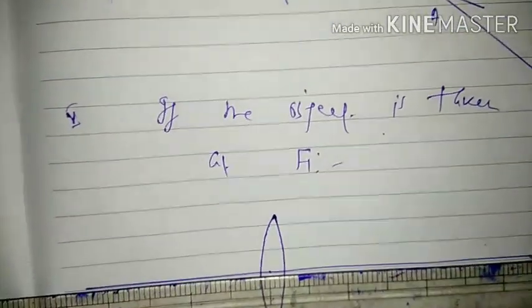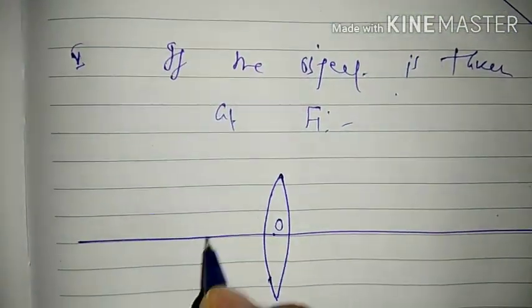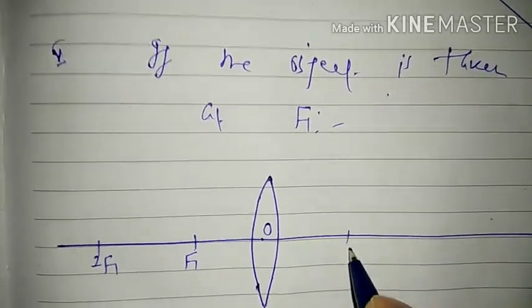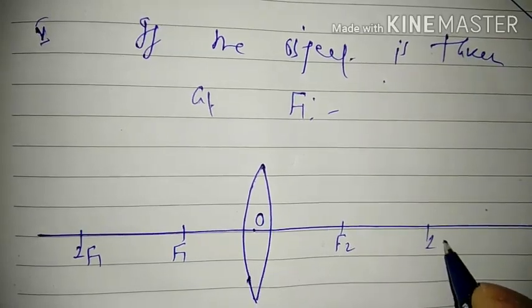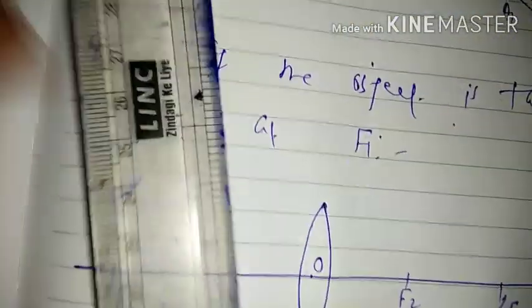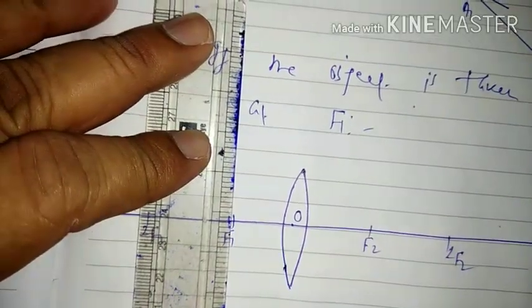This is the principal axis. This is focus f1. This is 2f1. This is f2 and 2f2. Now the object is taken at f1. The situation has changed now. What will be the condition?